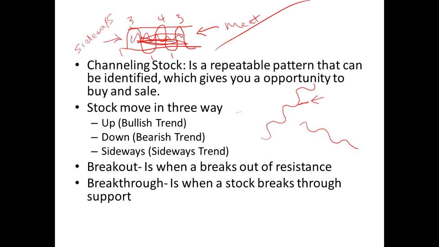Now a breakout is when the stock breaks out of its resistance. I'm going to do another example over here. Let's go ahead and channel this again. Now remember, this is 1, that's 2, go back down to 1, and then 3, 1, I know it's a little off, and then 4.